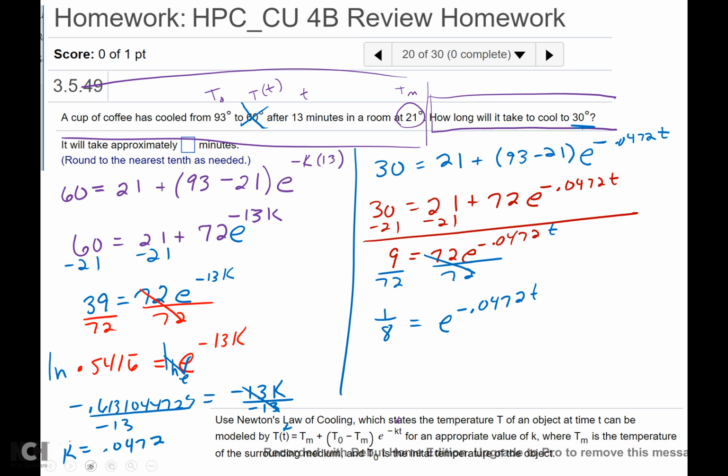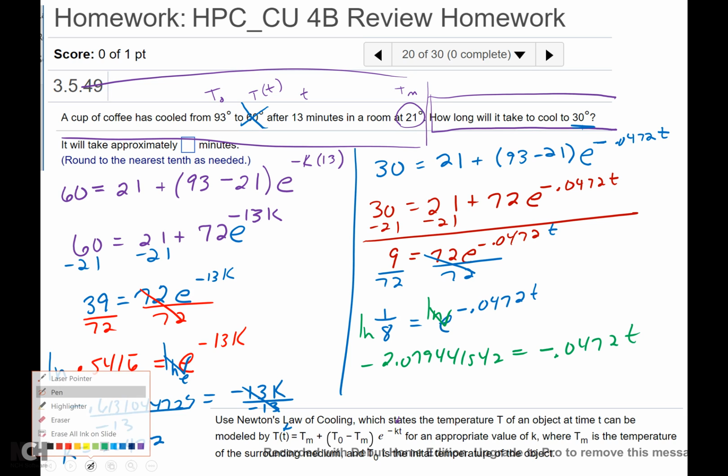Alright, to get t out of the air, we're going to ln both sides. If I take the natural log of 1 divided by 8, we get negative 2.0794415542. Those cancel, and that's negative 0.0472t.